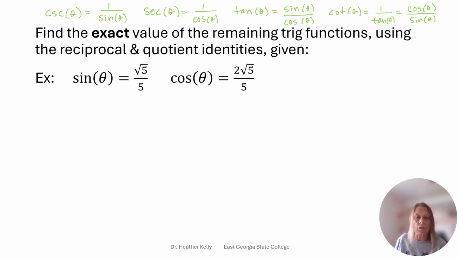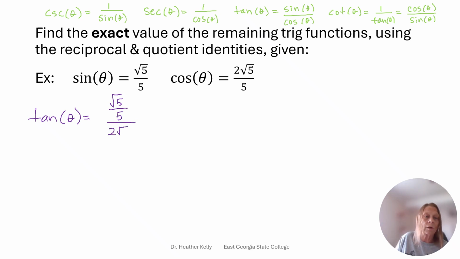Okay, so we're given the value for sine and cosine, and we are asked to find the exact value for the remaining functions. So let's start with tangent. So tangent theta is equal to sine theta, square root of 5 over 5, over cosine theta, 2 square roots of 5 over 5.